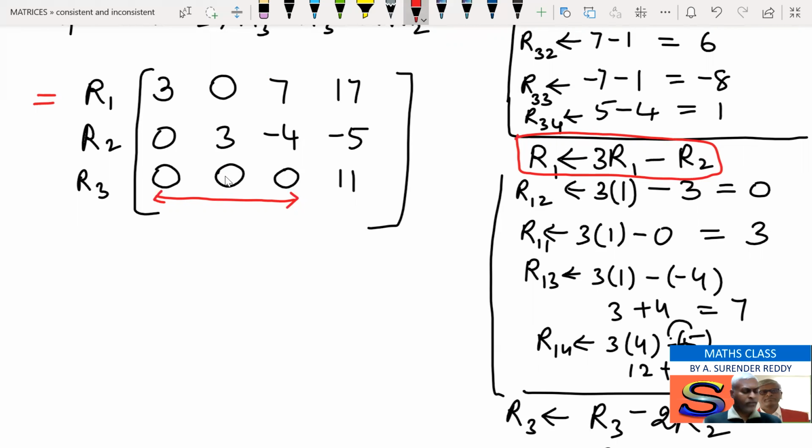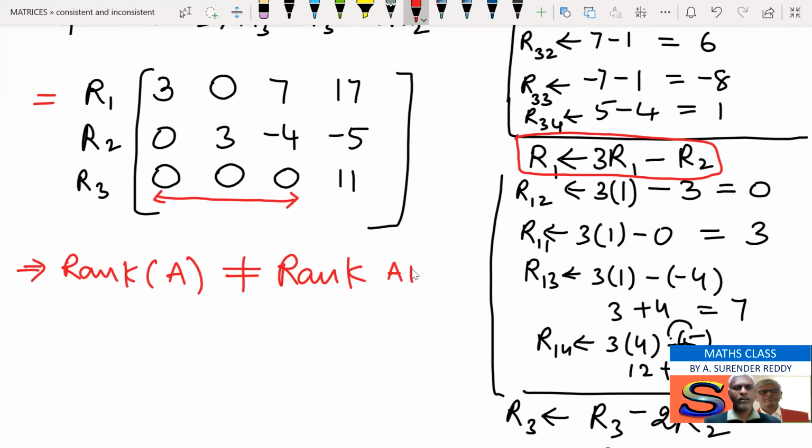So the rank of A and the rank of the augmented matrix. So here what we get, the rank of A is not equal to the rank of the augmented matrix.